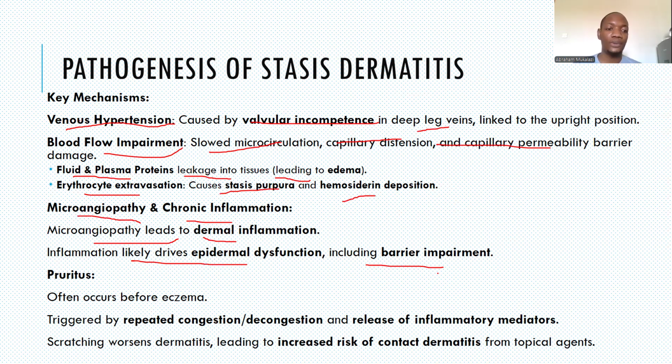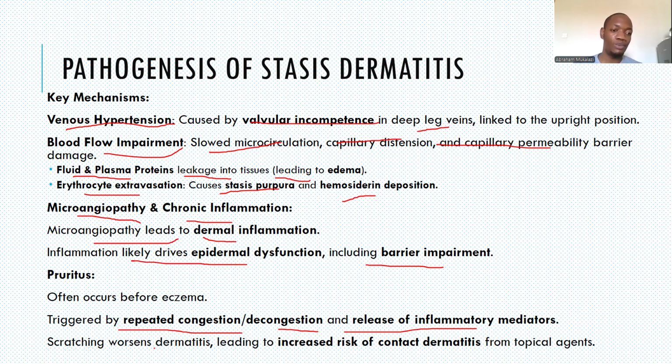The other thing that we often see is the pruritus that occurs because of the eczema, and this pruritus can be triggered by repeated congestion and decongestion and release of inflammatory mediators. Because you know that as you're trying to break down the red blood cells that have extravasated out of the blood vessels, you need neutrophils, you need macrophages to break them down, and all these come with the release of pro-inflammatory cytokines, some of which are mediators of pruritus.